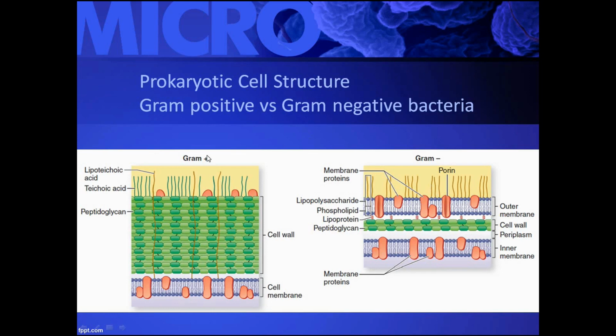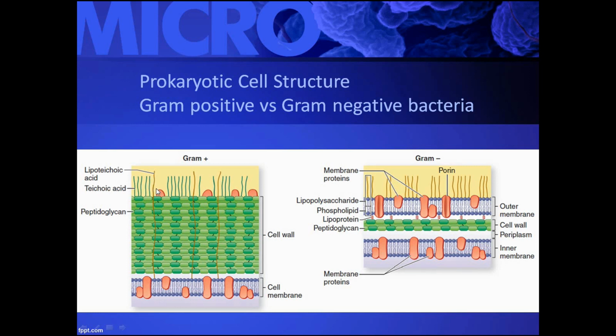So this is the difference between gram-positive and gram-negative bacteria. As we said, the gram-positive bacteria have a thick peptidoglycan layer, while the gram-negative bacteria have a thin peptidoglycan layer with an outer membrane. The gram-positive bacteria have structures called teichoic acid.